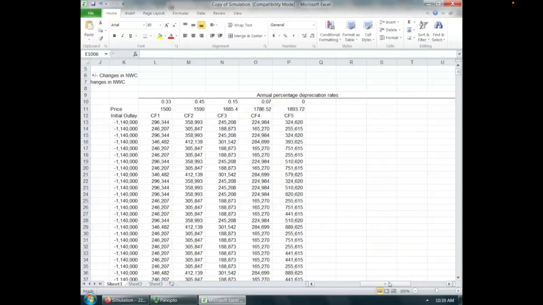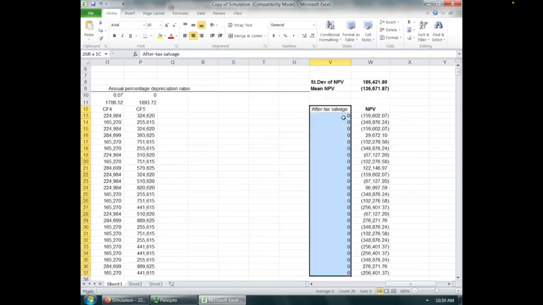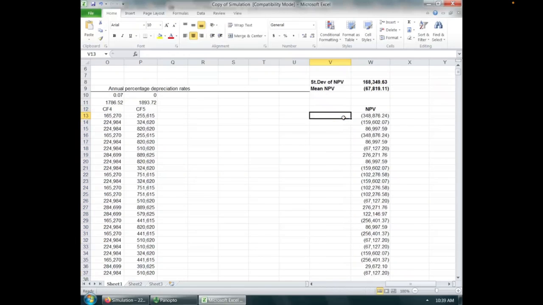I had a separate column here for the after-tax salvage value, but we don't need it anymore because we have already incorporated the salvage value into the cash flow in year 5, so that's not necessary anymore.